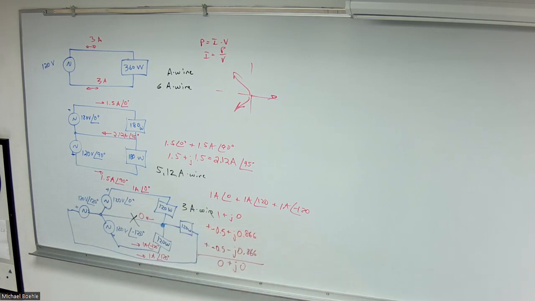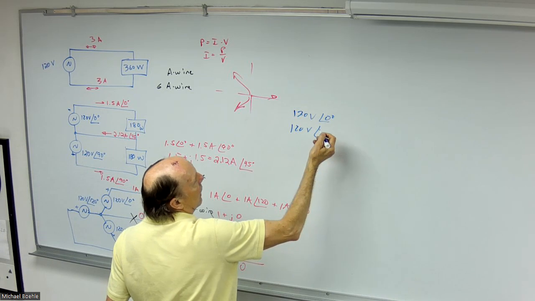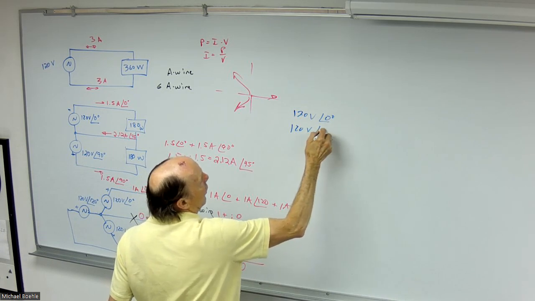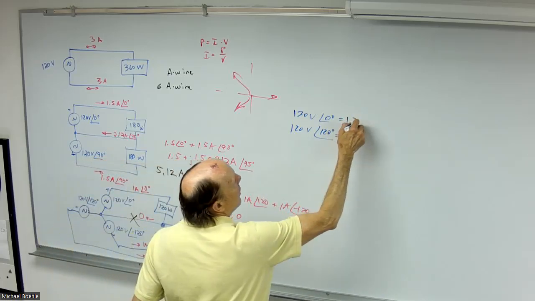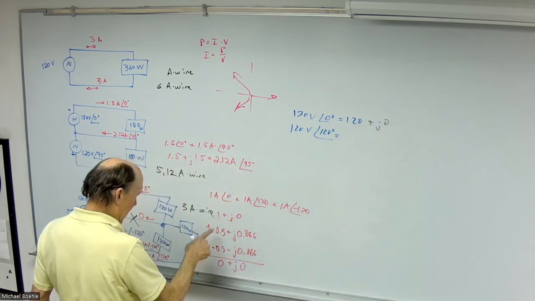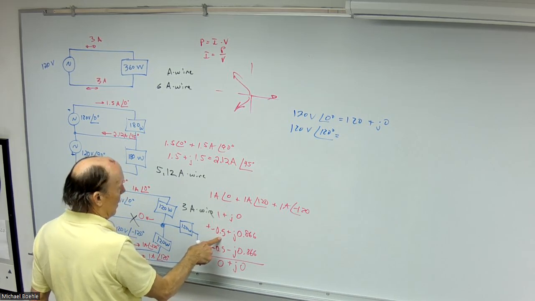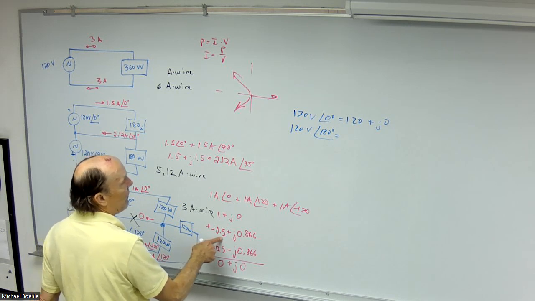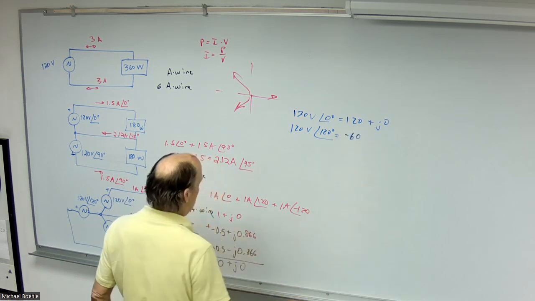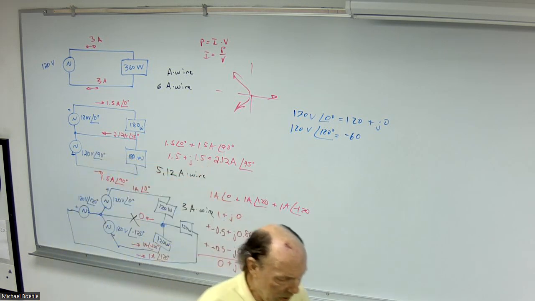So if I have 120 volts at 0 degrees, and I have 120 volts at 120 degrees, if we do that math, that would be 120 plus j0, and then the other is negative 0.5, so half that would be negative 60, and then 0.866 times 120. What is that?